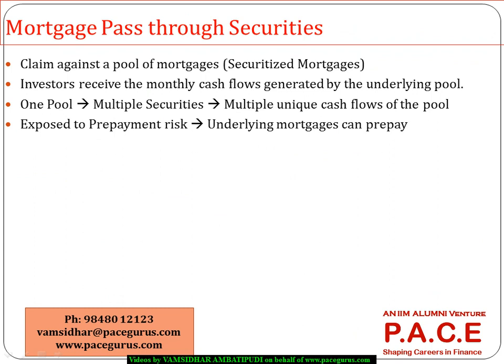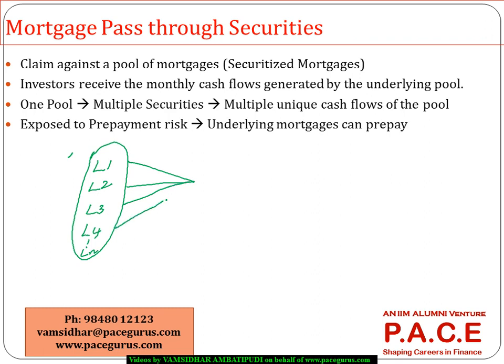When we talk about mortgage pass-through securities, the intention is you pool a series of mortgages: loan 1, loan 2, loan 3, loan 4, loan N. A pool of loans put together is created as one instrument, called a mortgage pass-through security.